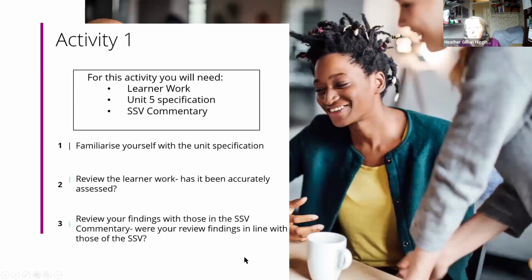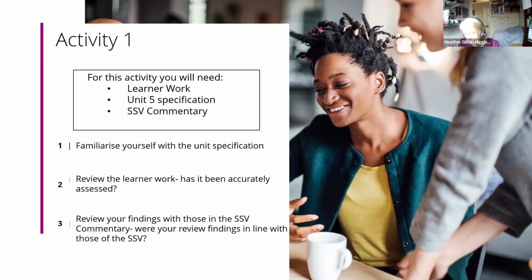Okay, now I'm hoping everybody has got the work for activity 1. You will need the learner work, the Unit 5 specification, and the SSV commentary. So you'll need to familiarise yourself with the unit specification if you haven't already. Review the learner work: has it been accurately assessed?